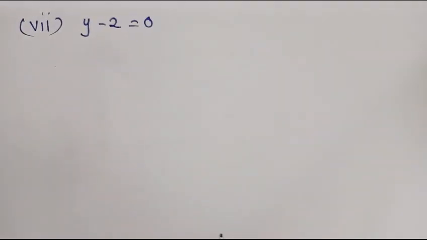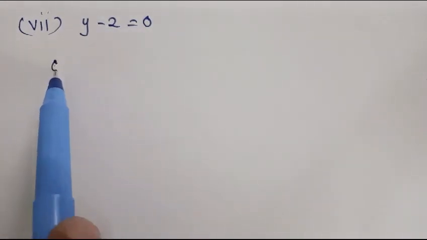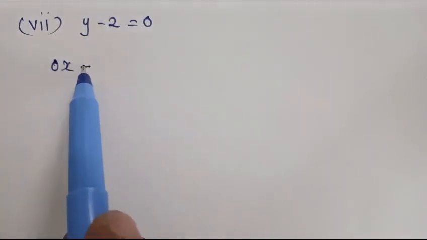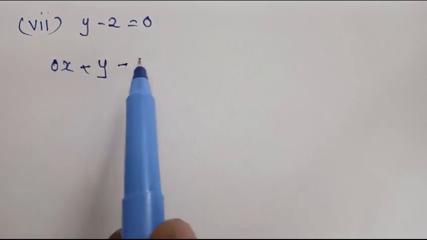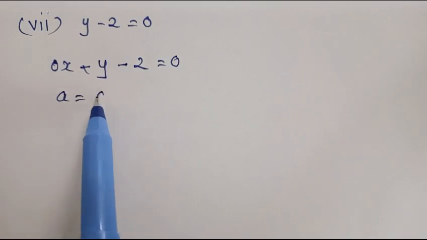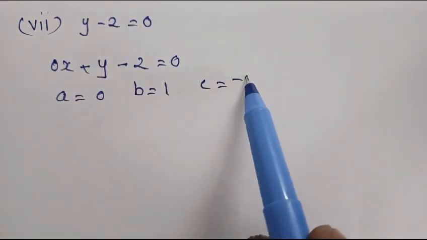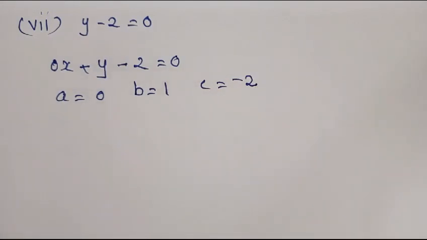Seventh one, y minus 2 equal to 0. The x term is not there, so we can write 0x plus y minus 2 equal to 0. Therefore a equal to 0, b, the coefficient of y, is 1 and c is the constant, that is minus 2.